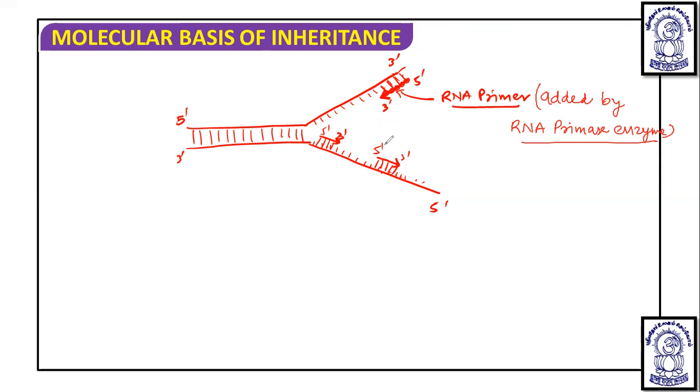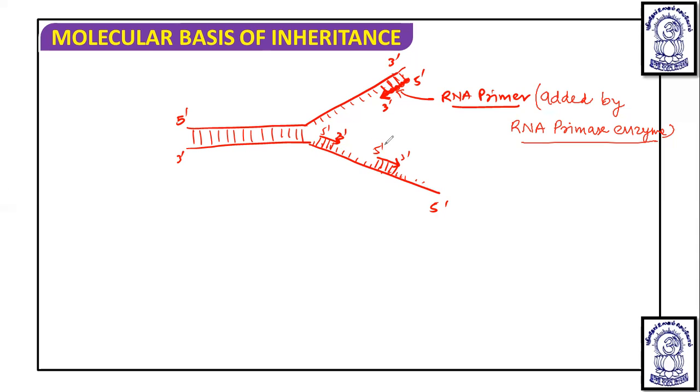Why is there a need for RNA primer addition? Because to synthesize the new strand, DNA polymerase is required, and DNA polymerase is a somewhat large protein which needs a double strand to get stabilized. So there is a need for this RNA primer addition.